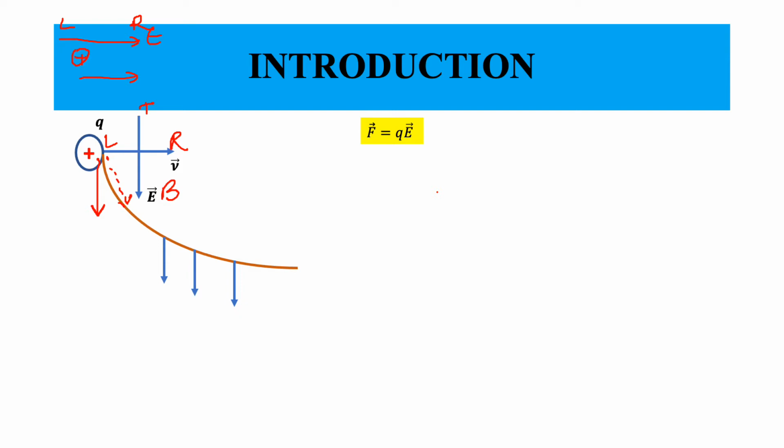There will now be two forces, one because of the velocity and one because of the electric field that I have applied. Essentially it would get deflected, and if you keep looking at the path, it would get deflected like this. This would be the path that the charge would take.